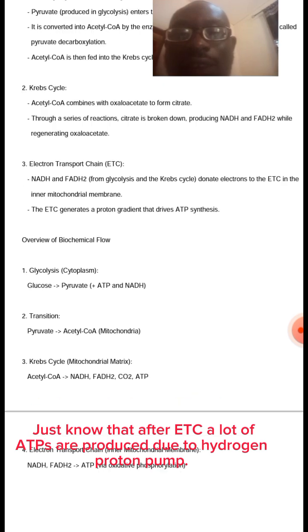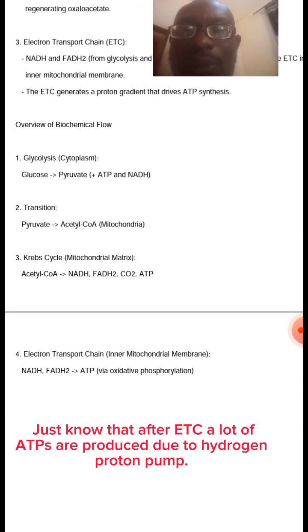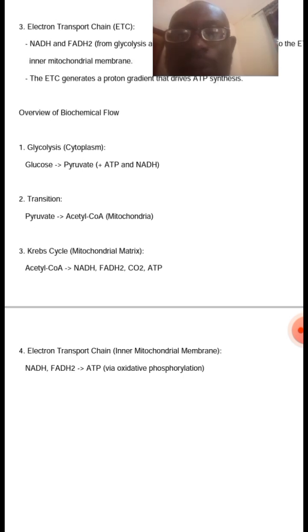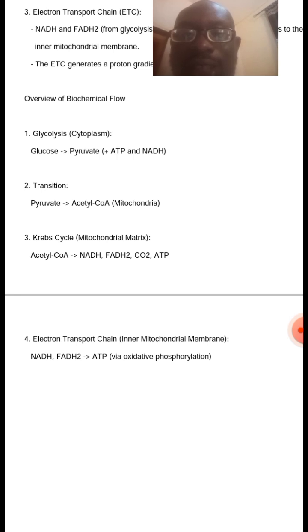So generally, glycolysis happens in the cytoplasm and it produces pyruvate, ATP and NADH. Then there will be a transition reaction where pyruvate will be converted into acetyl-CoA, and that happens in the mitochondria. Then the Krebs cycle is in the matrix of the mitochondria. It's not on the inner membrane, it's in the matrix. So you see what is happening here.